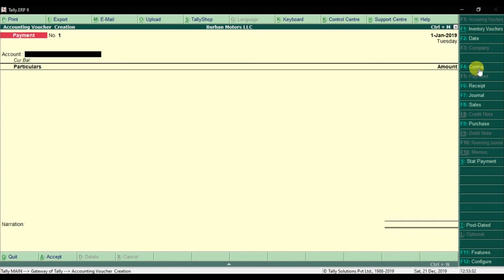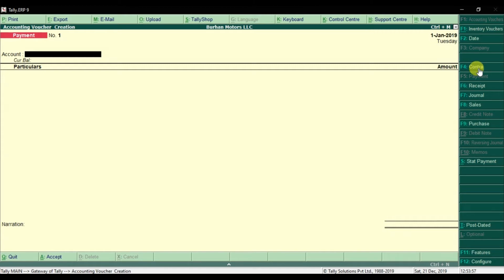Receive bank loan. What is the entry? Bank account is debit and loan account is credit. So that is not a contra, because in contra the debit and credit side should be cash, petty cash or bank, but here the credit is bank loan. Clear?